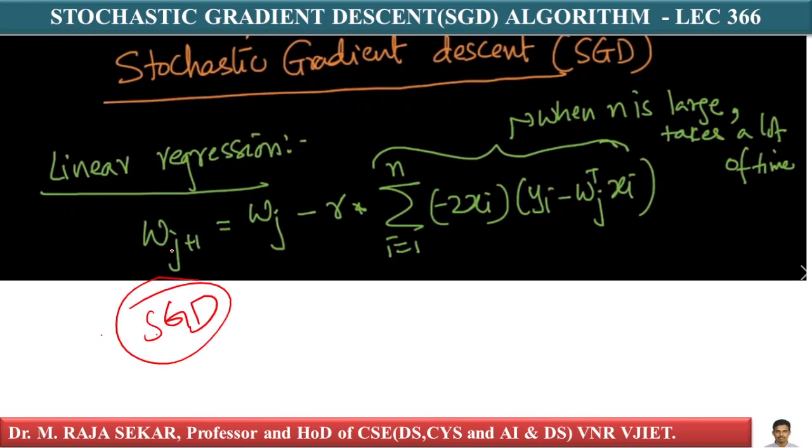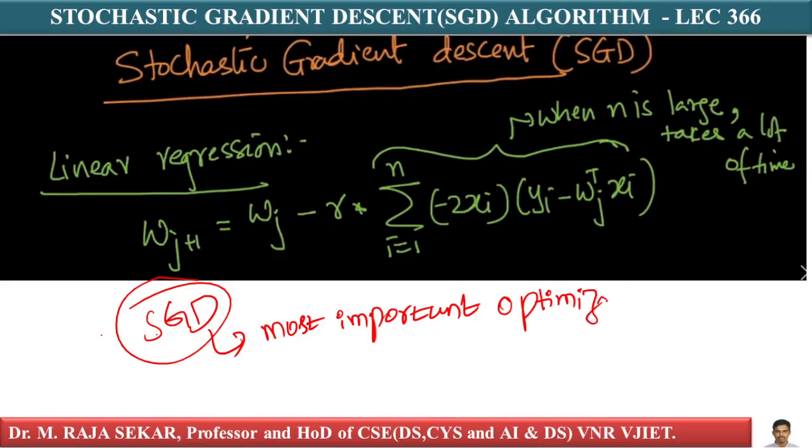SGD is literally the most important optimization algorithm in data science.